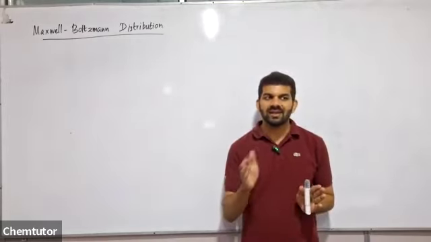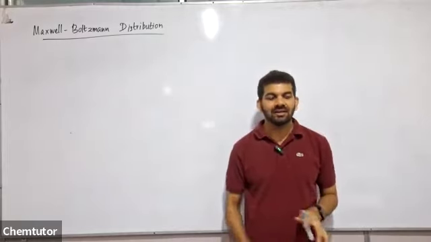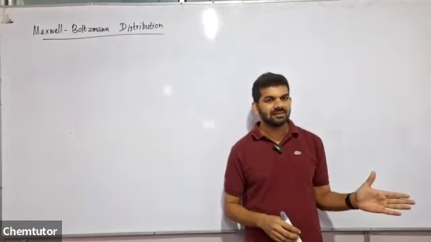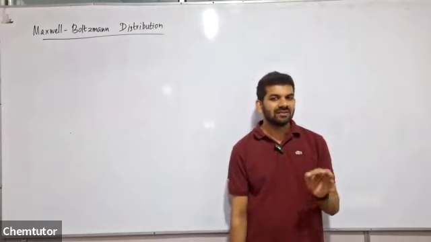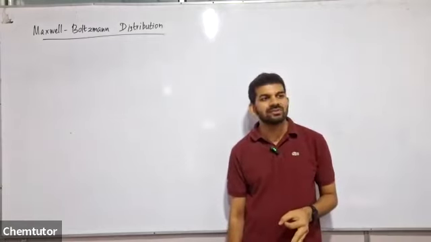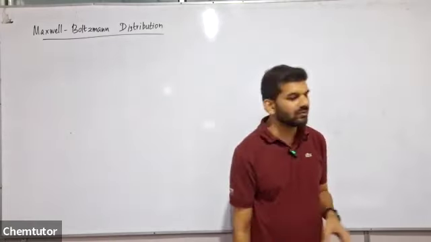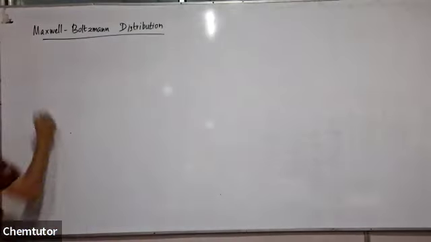That doesn't mean that there are no gas molecules with lesser or higher speeds than that value. So that value is where the maximum number of gas molecules occupy by the speed. Therefore, we can draw the Maxwell-Boltzmann distribution like this.